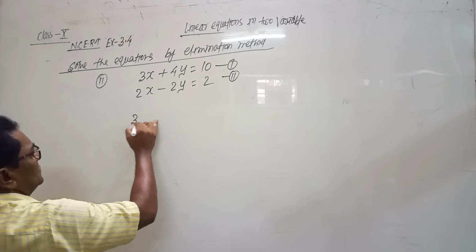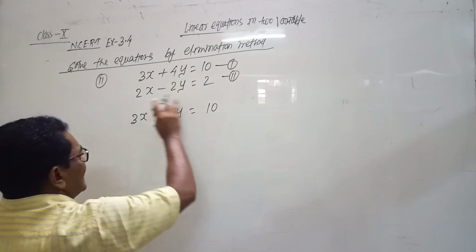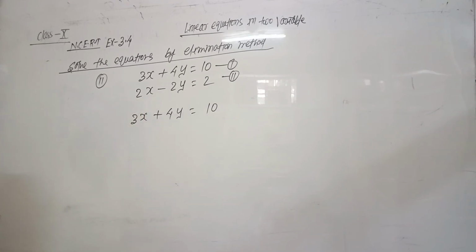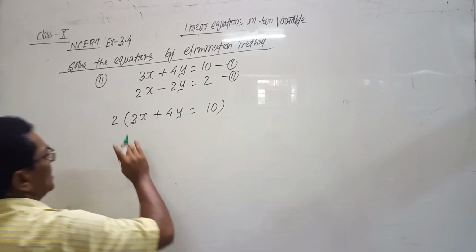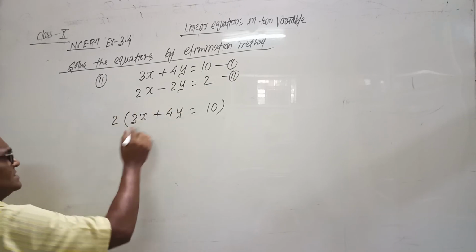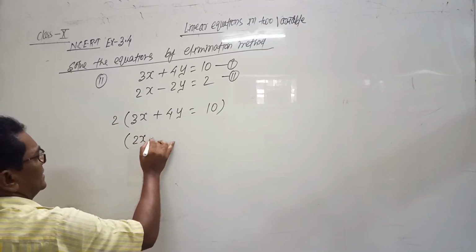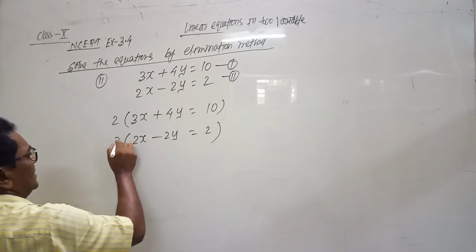So 3x plus 4y equals to 10. सेकेंड नंबर के x के कोफिशिएंट से फर्स्ट इक्वेशन को मल्टीप्लाई कर देंगे और फर्स्ट इक्वेशन के x के कोफिशिएंट से सेकेंड इक्वेशन को मल्टीप्लाई कर देंगे। 2x minus 2y equals to 2. This is multiplied by 3.